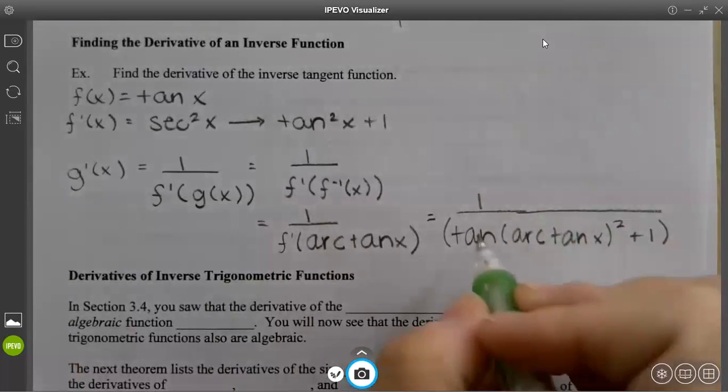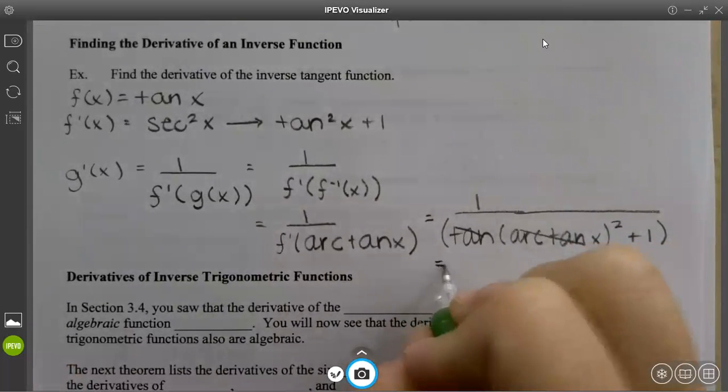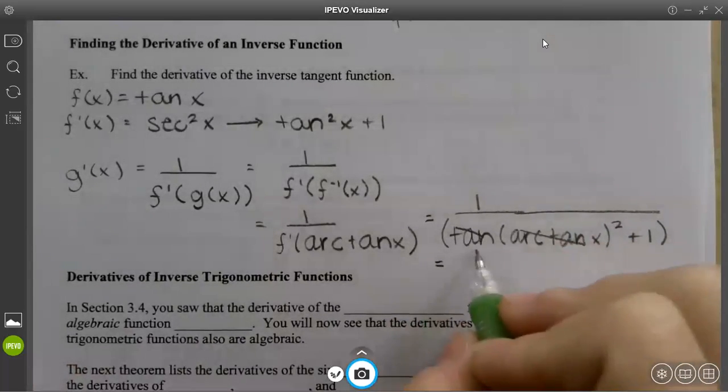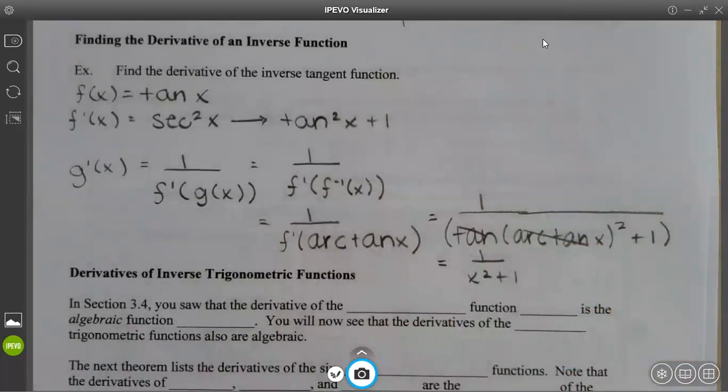Your tan and arc tan cancel each other out. Remember, because they're inverses. It's the same thing. And that leaves you with, if you read the bottom, 1 over x squared plus 1.